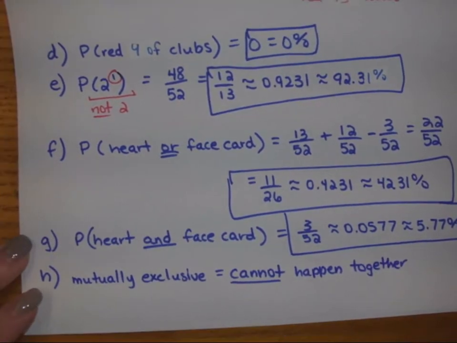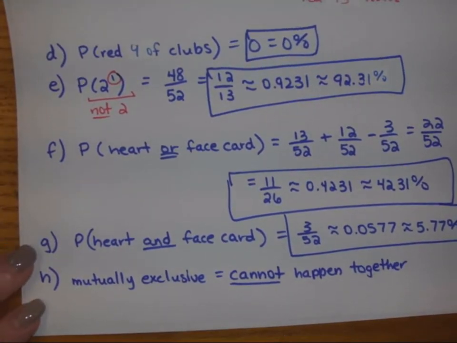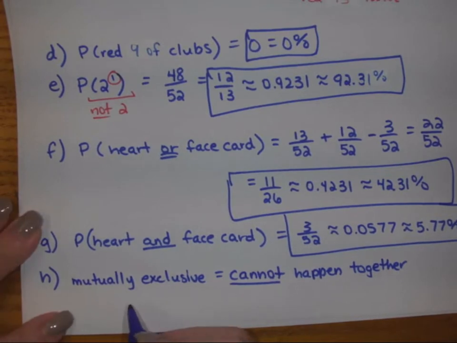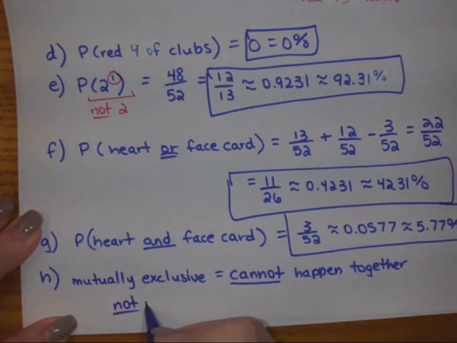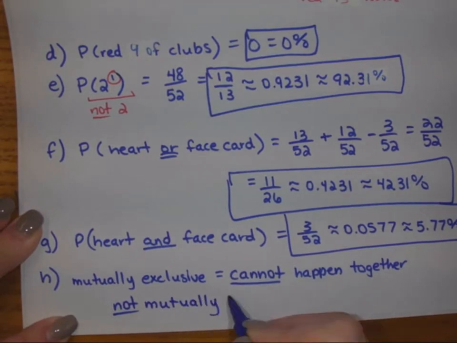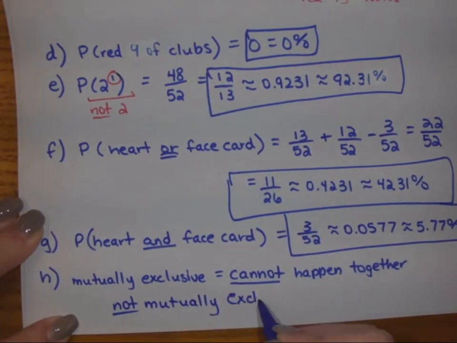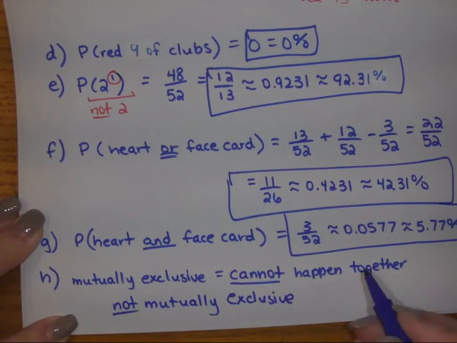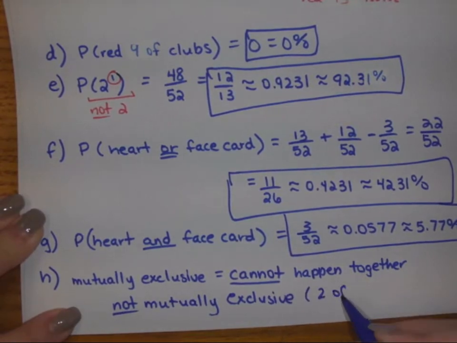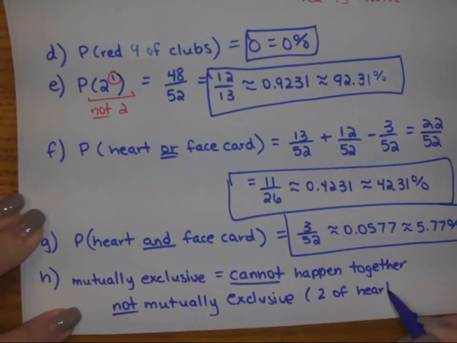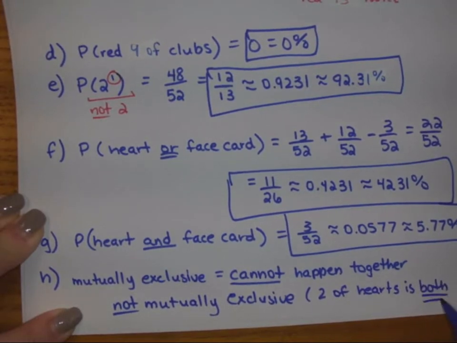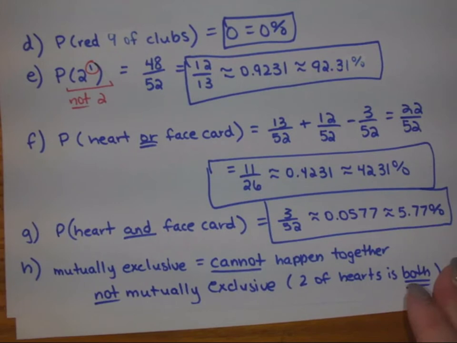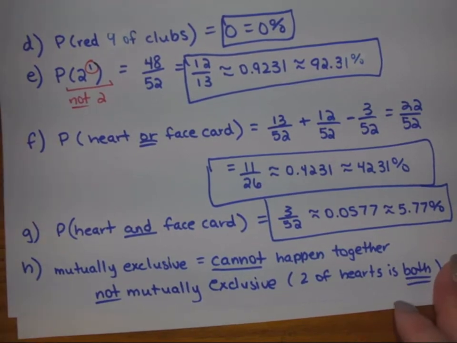And so since you can have a heart that is a 2, they are not mutually exclusive. So they're not mutually exclusive because the 2 of hearts is both. Mutually exclusive would mean it would be impossible for them to occur together.